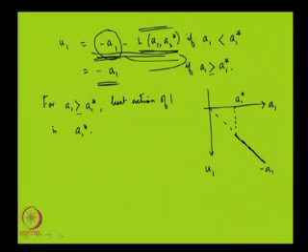Now, for this range, how do I find out at what level of A1 this is going to be maximized? To understand that, let us start from one basic principle, which is how A1 star and A2 star are defined. We have said that this is efficient.